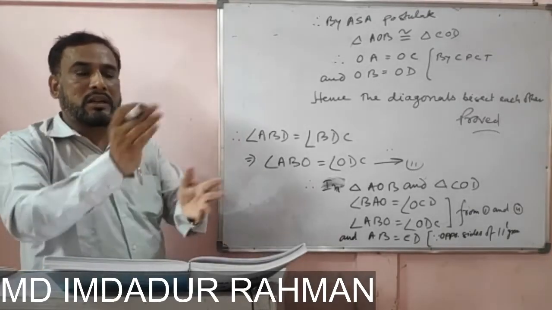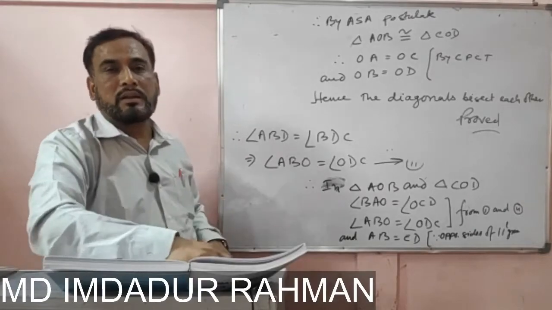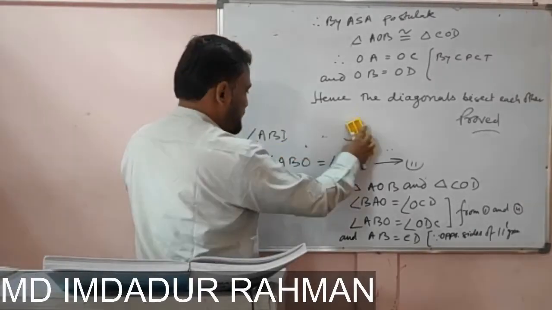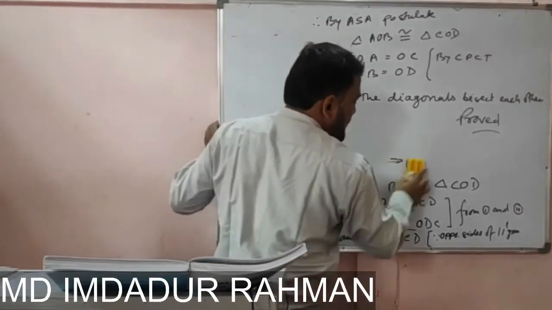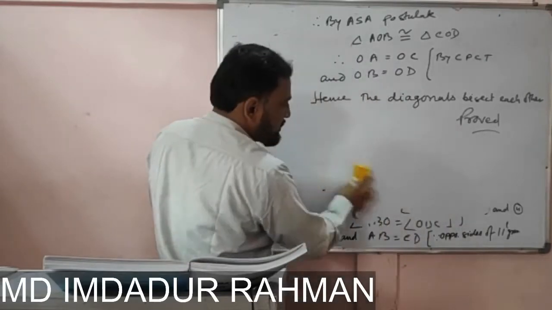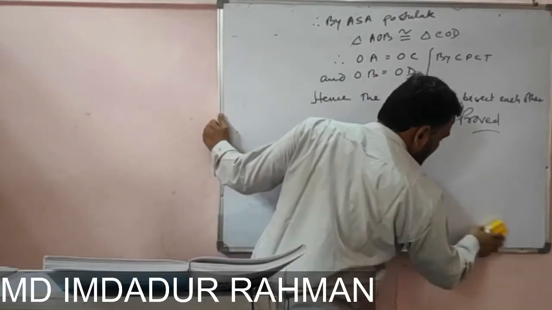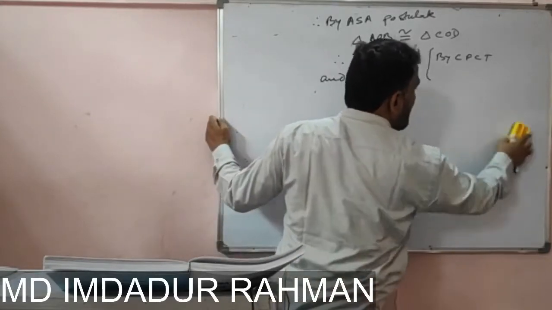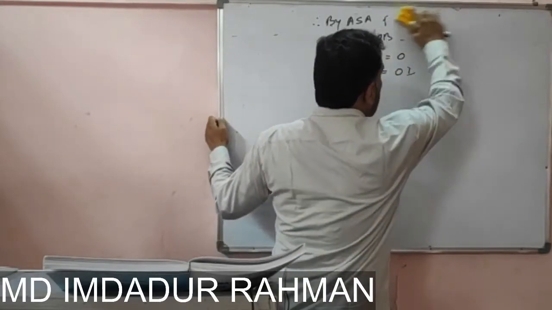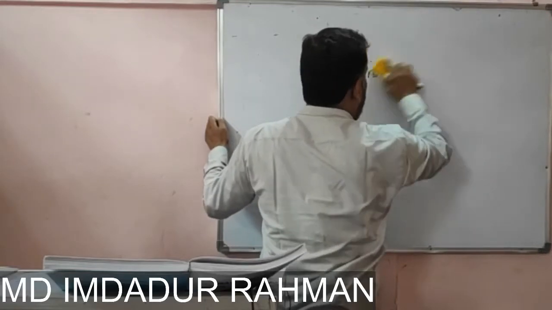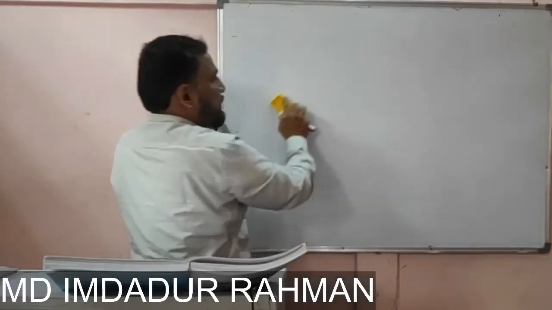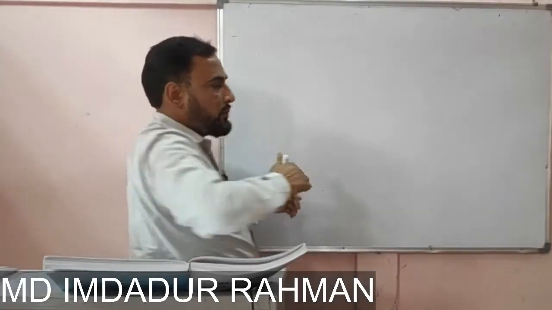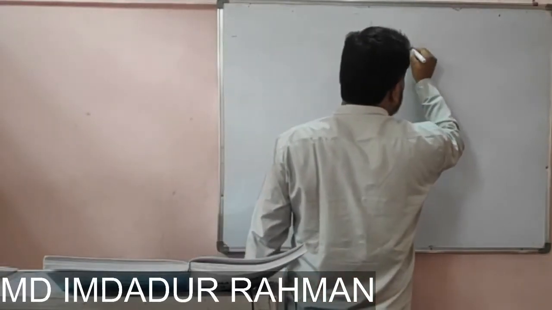That is just the opposite of the previous theorem 8.6. To prove this, let us draw a quadrilateral. As we have to prove that it is a parallelogram, we will draw a parallelogram, because a parallelogram is also a quadrilateral.